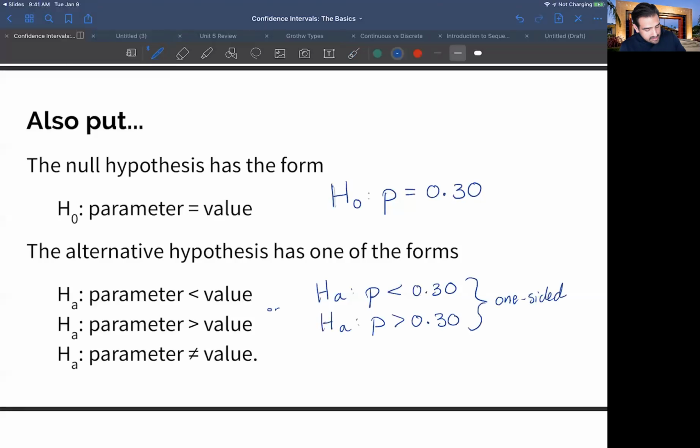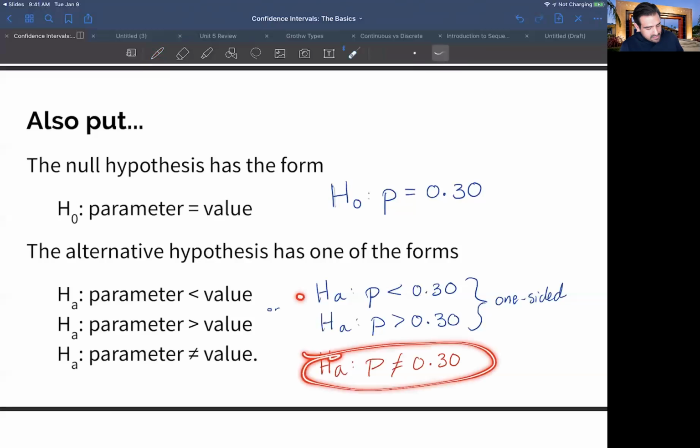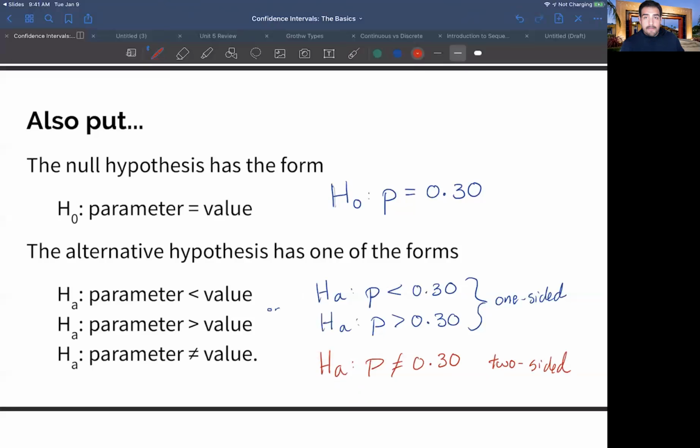The alternative being two-sided, if the alternative was, hey, I just think it's different from the claim, I think that it's just not equal to 30%. Really what this claim is saying is both of these together. It's either less than or greater than. This would be an example of a two-sided alternative hypothesis.